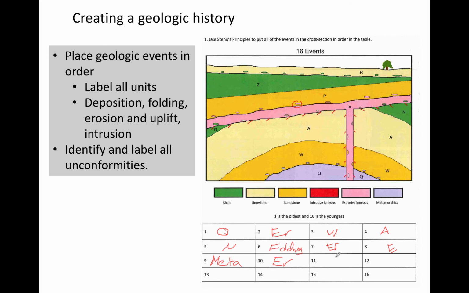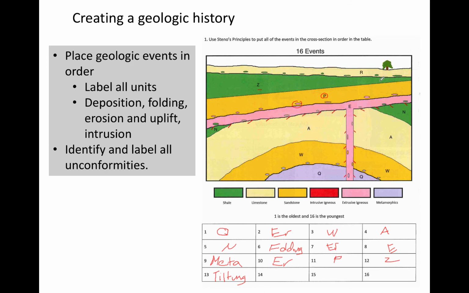Let's see, 11 is followed by the deposition of unit P, which is up here at the top. For 12, now we've got to Z, which is here. No erosion between those two units, so deposition of Z. Now, you'll notice this contact here is not horizontal any longer, so we've had some sort of tilting, something like folding, some sort of deformation.